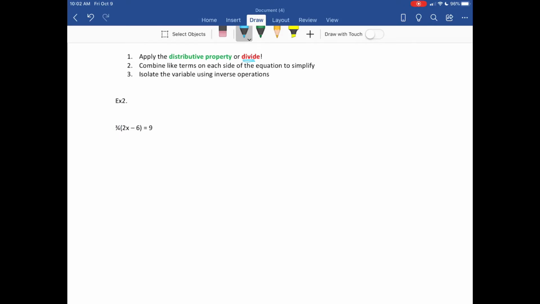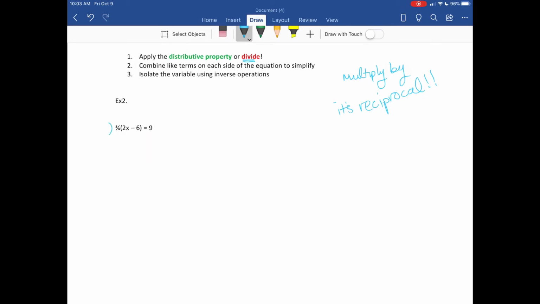So how can I get rid of 3/4? Well, I could divide both sides by 3/4. What is the same thing as dividing by a fraction? Multiplying by its reciprocal. So let's take that approach for this problem.